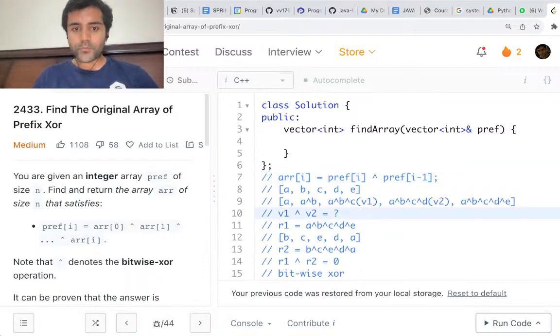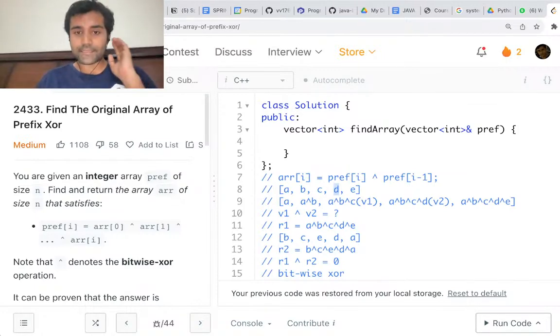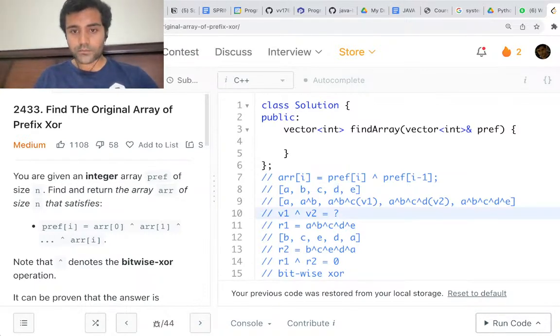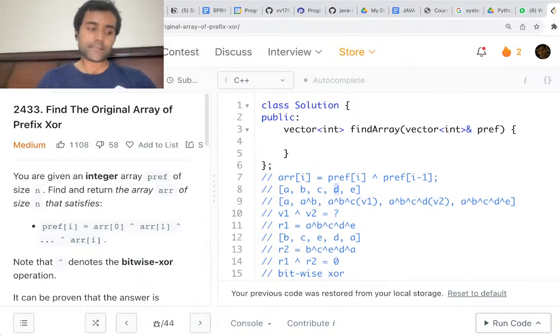Like if you want to know what is your element at third index in your actual array whose prefix XOR is given, then you simply have to take the XOR of your ith element with I minus 1th element, which is third element with second element. So that way the element which will be left out will actually represent the ith element of your array.